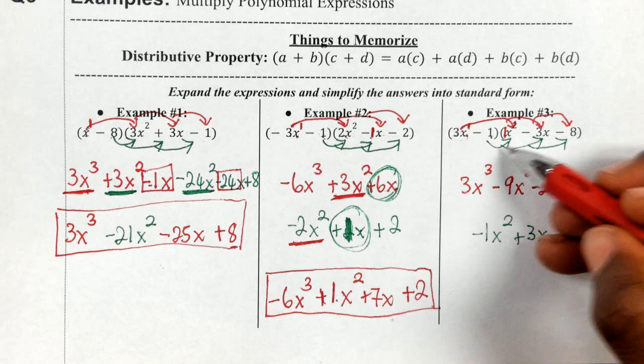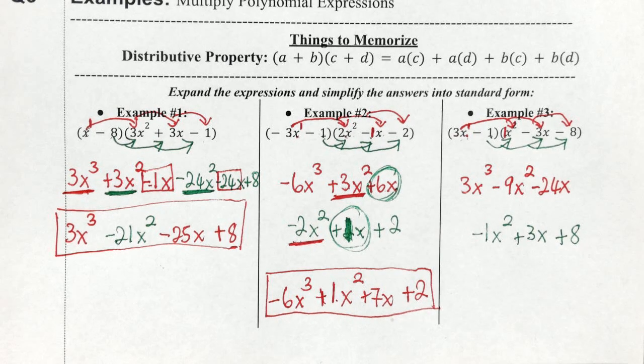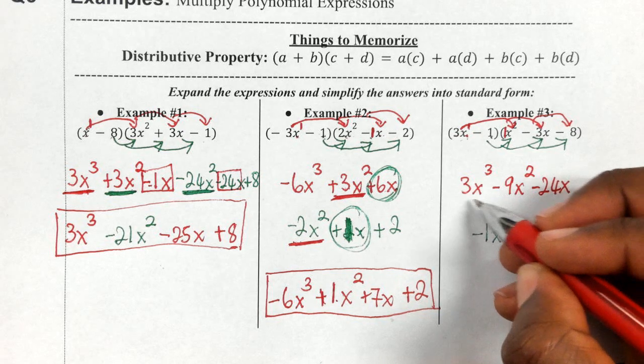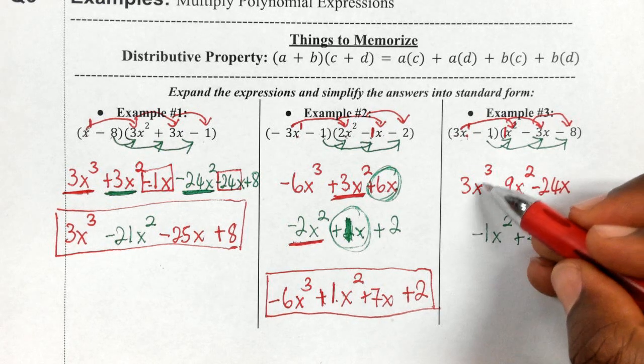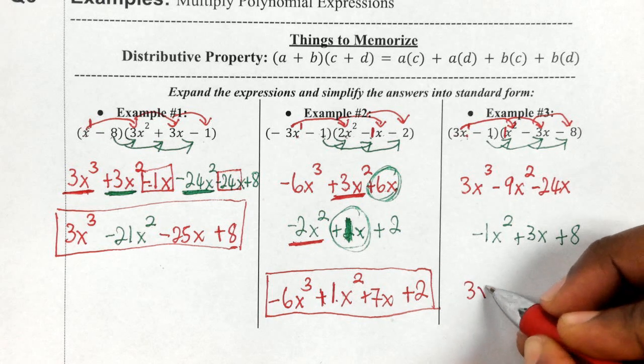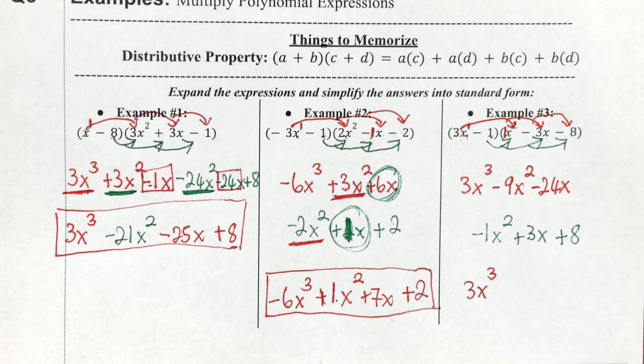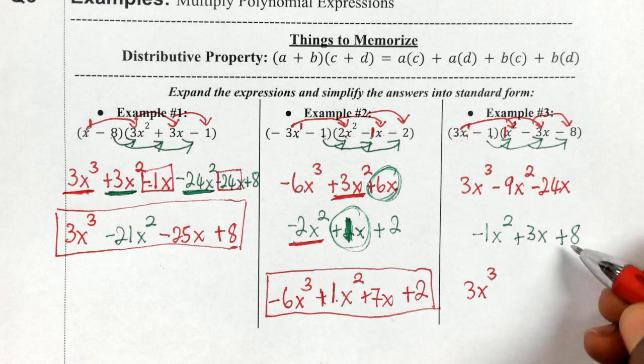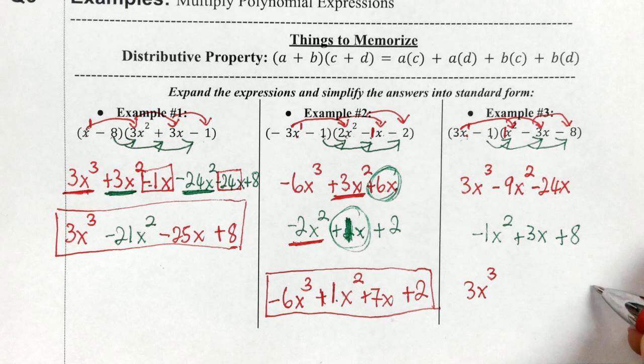Alright? Because 1 times 8 is 8. So now I'm going to combine like terms. Does the 3x cubed or 3x to the third power have a like term? No. So you bring it all the way down. What else does not have a like term? The 8. So the positive 8 you're also going to bring down.